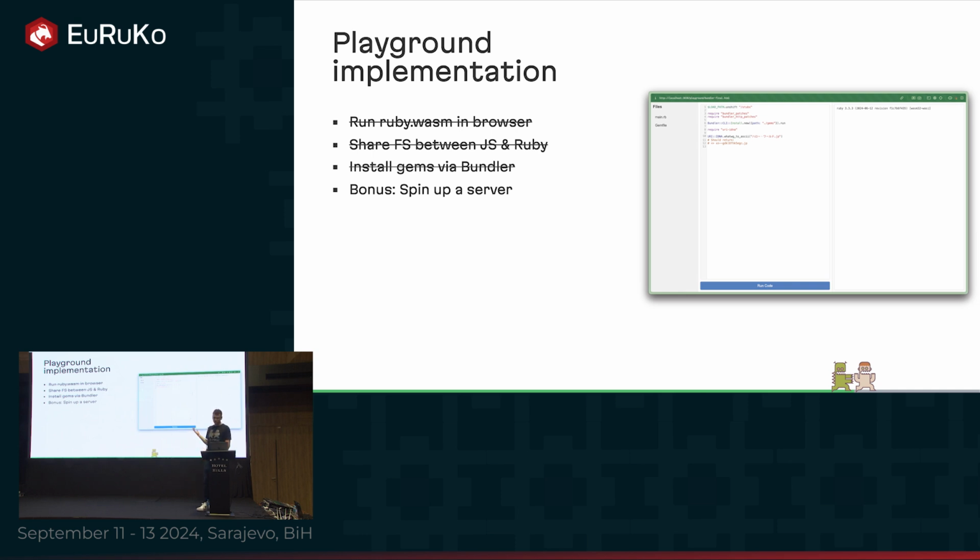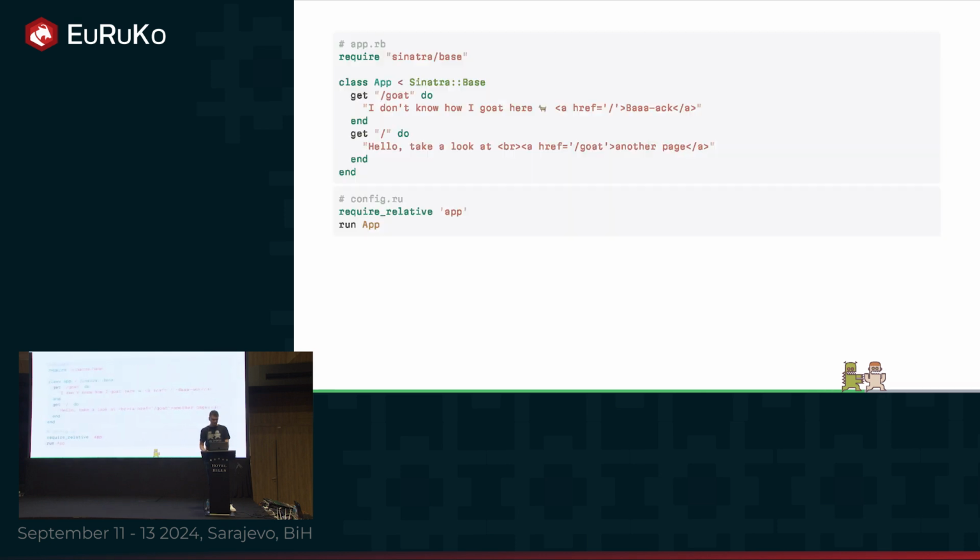Now something special, a feature that doesn't exist in run ruby.dev, and if you want you can come to me after the talk and I will tell you why. So let's enable a web server with Ruby.wasm. This is our Sinatra application, nothing special, just a couple of routes.